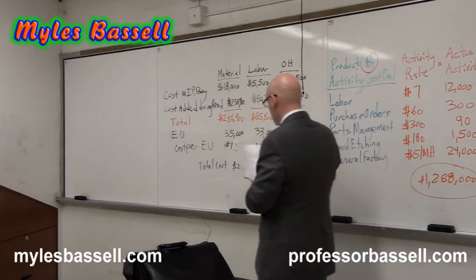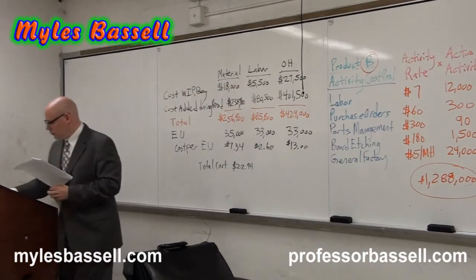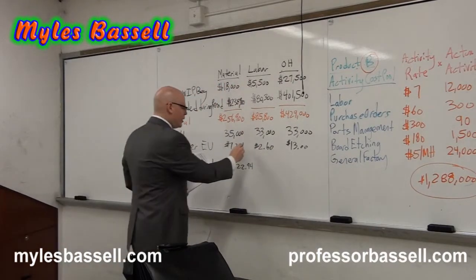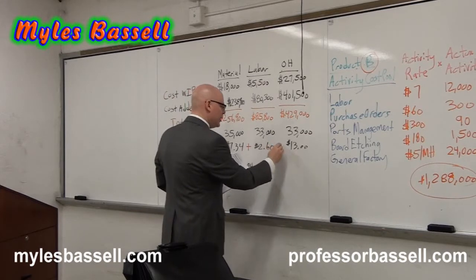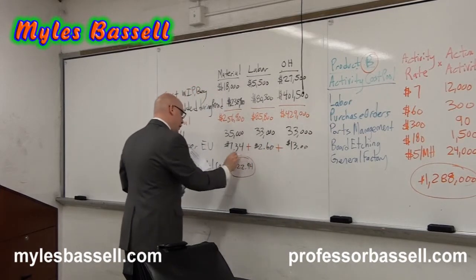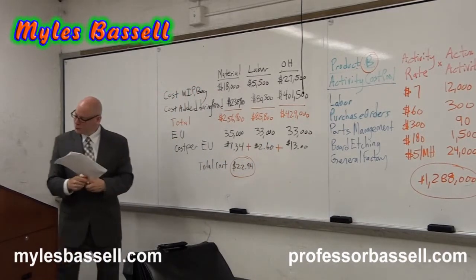So the total cost is this, 7.34 plus 2.60 plus 13 is 22.94.